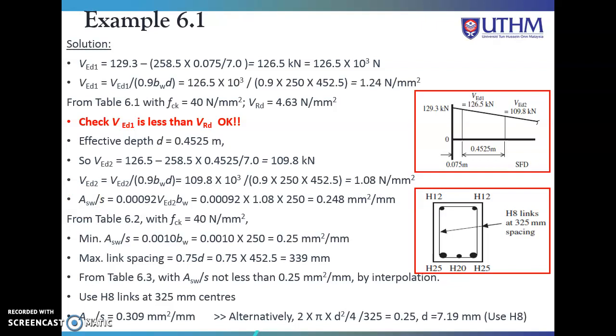So step number 8, we calculate the area of the shear reinforcement required. Okay, so ASW over S. Okay, I think there's okay, we can calculate that we get this one.